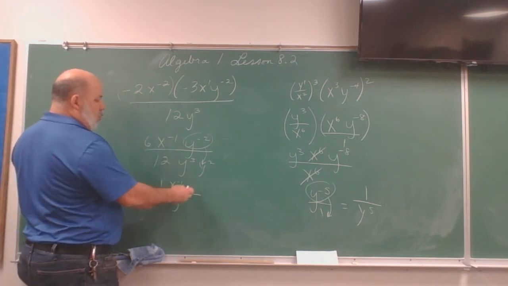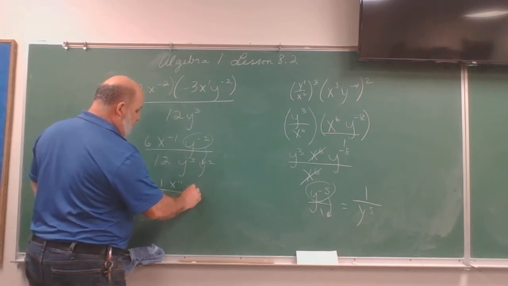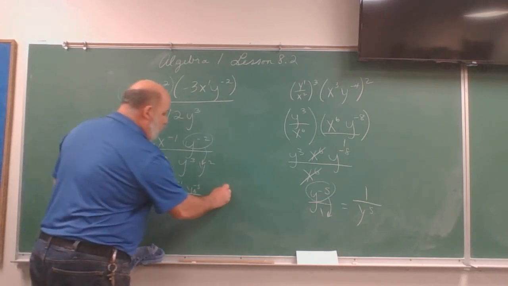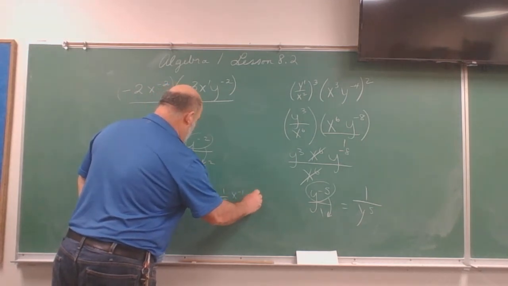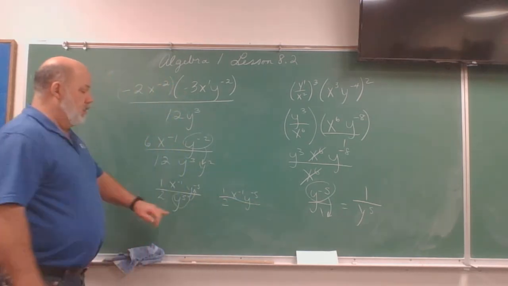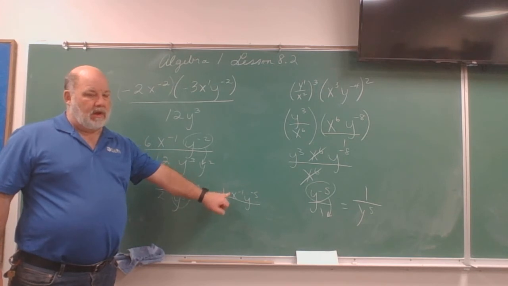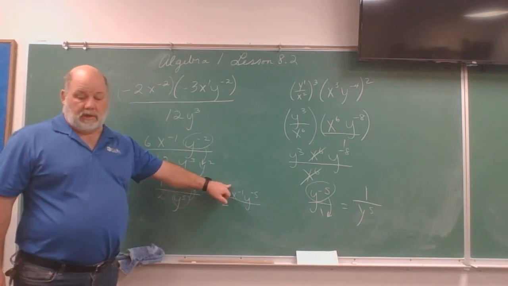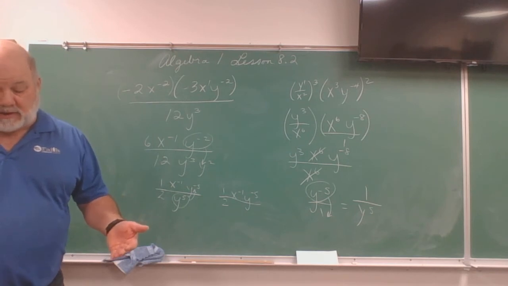That means we should have brought this y to the 5th up, where it becomes y to the negative 5. So I have 1/2 x to the negative 1, y to the negative 5. And as I mentioned earlier, just because they want all the powers in the numerator doesn't mean this 2 goes up into the numerator. It stays right there.